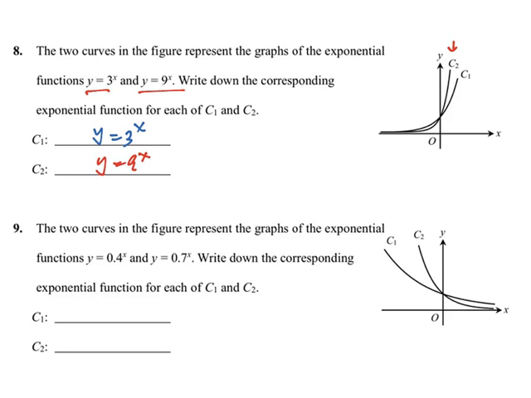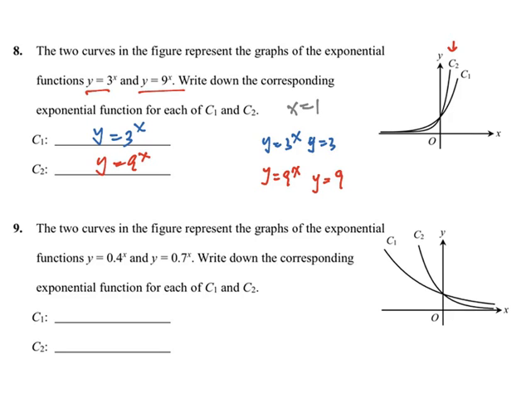Or you can use another method. That means you substitute x equal to 1. So for example, y equal to 3 power x, you substitute x equal to 1, so y is equal to 3 to the power 1, so it's 3. And for the second case, 9 to the power x, when x is 1, y is equal to 9 power 1, so 9.